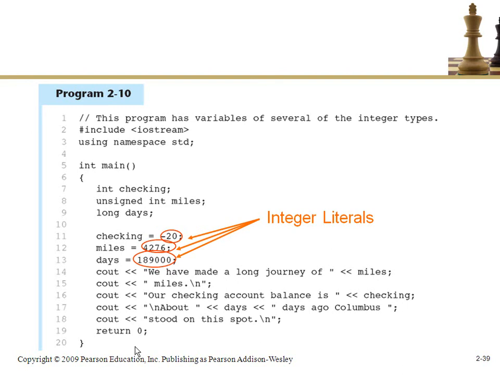Getting back to the program that we're working with, let's look at the integer literals that we have. Again, on lines 11, 12, and 13, we have the numbers minus 20, 4276, and 189000 as integer literals.